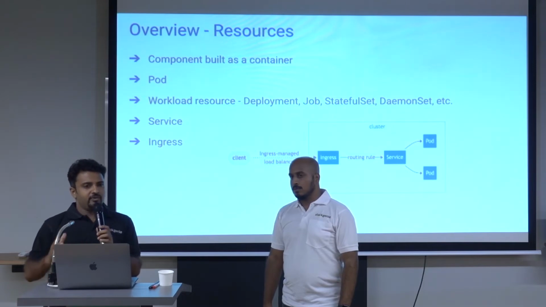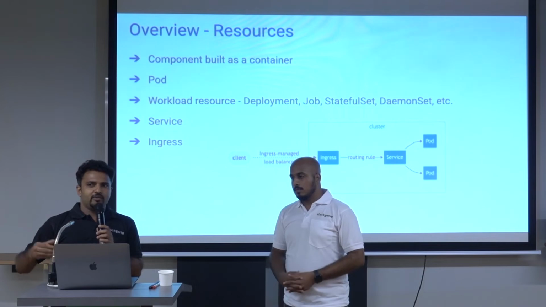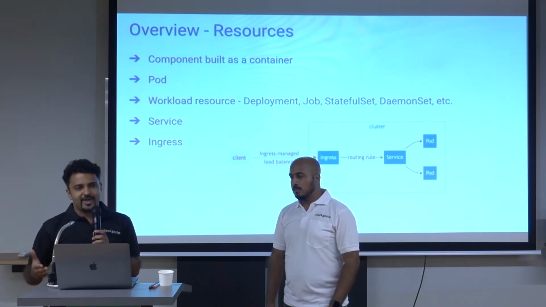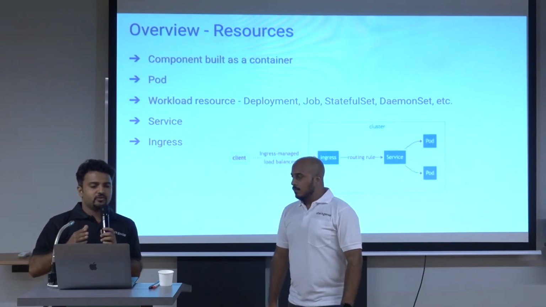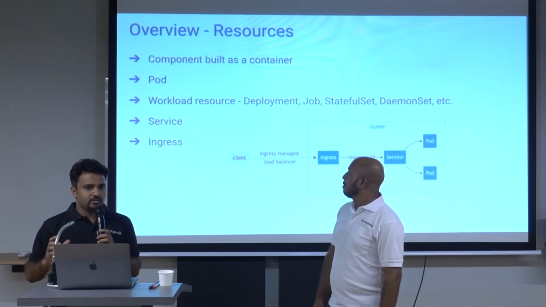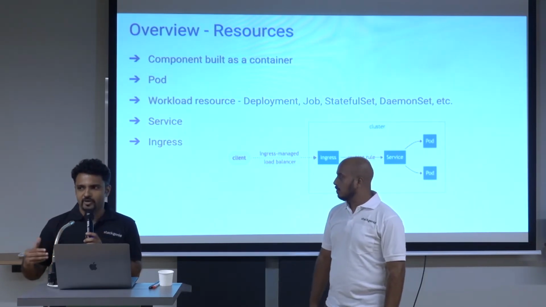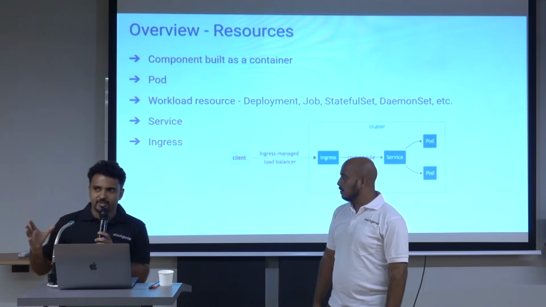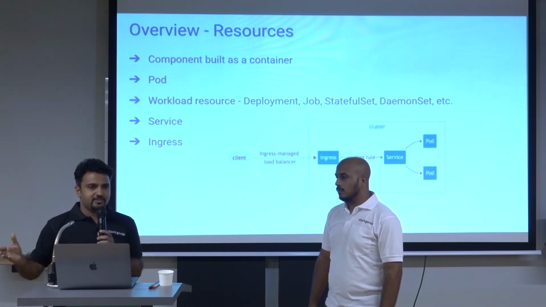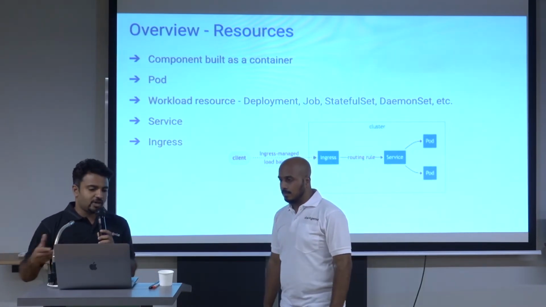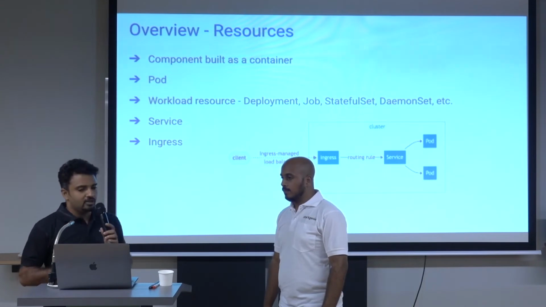So once you have your component built as a container, right? In Kubernetes, we don't directly deploy that container, but we package it in a resource called a pod. So a pod provides an environment for the container to run. So it specifies the environment and several other things that the container or our application needs to run.